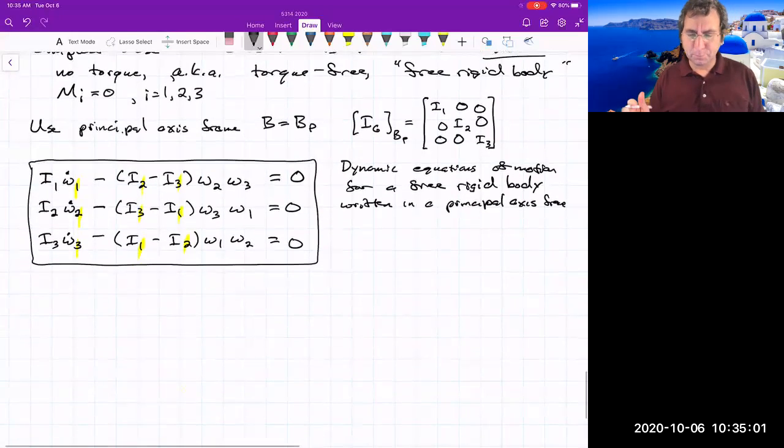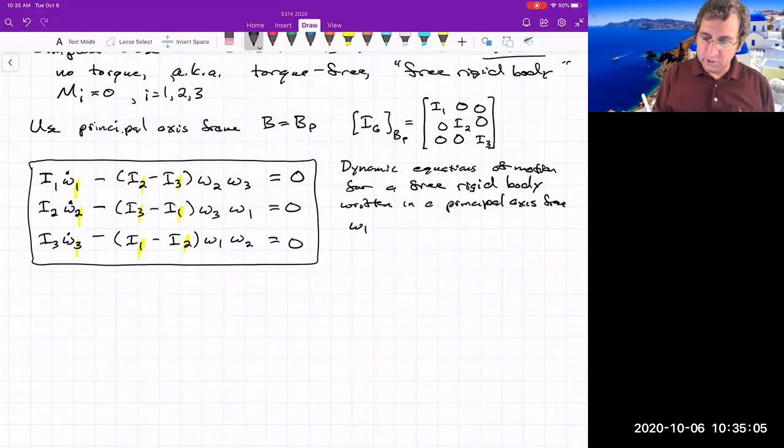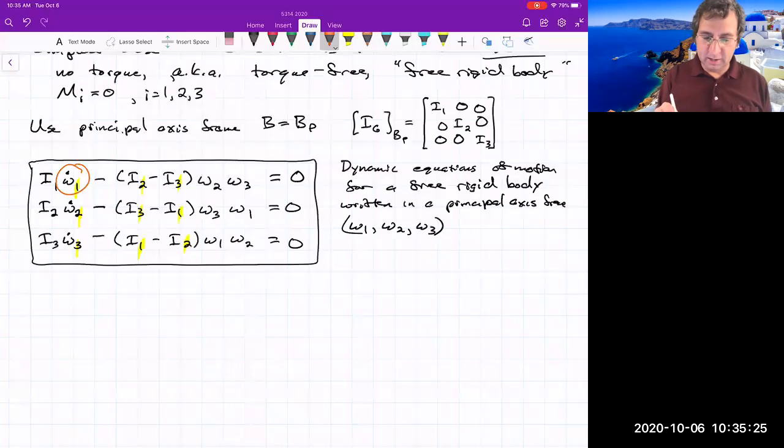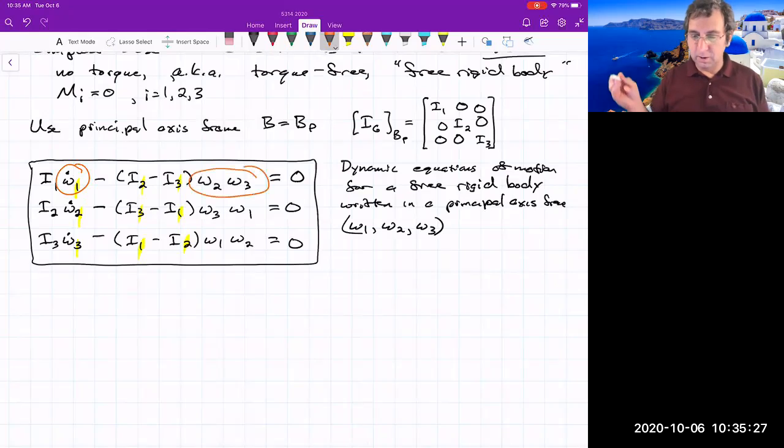What are we trying to solve for? We're trying to solve for omega 1, omega 2, and omega 3. So if you look at this, you go, okay, these are 3 nonlinear ODEs. There's nonlinearity because to solve for omega 1, omega 1 dot is going to be some function of omega 2 and omega 3. Because there are 2 things, one multiplied by the other, this is nonlinear.